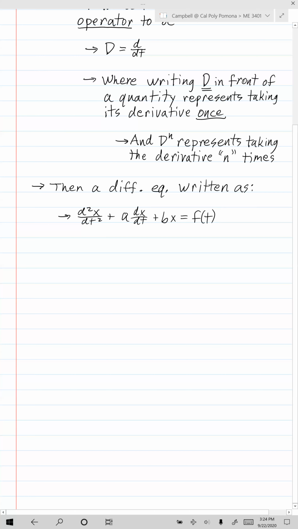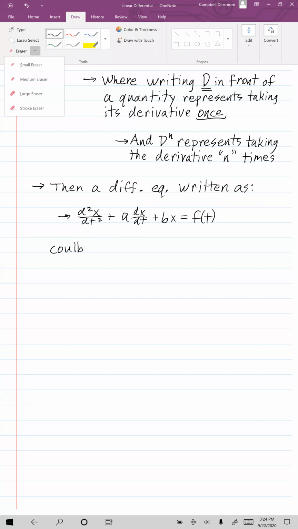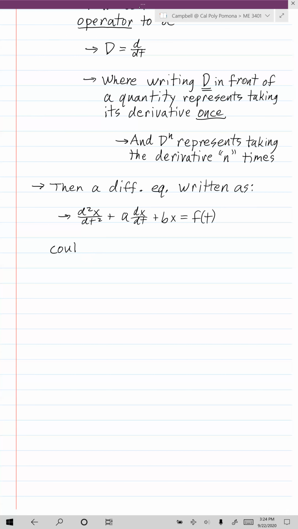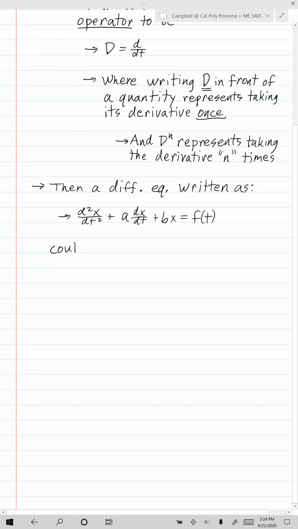And so using this new framework, the differential equation could be written as, and here, because it's kind of a continuation statement, I won't use its own bullet. There we go.